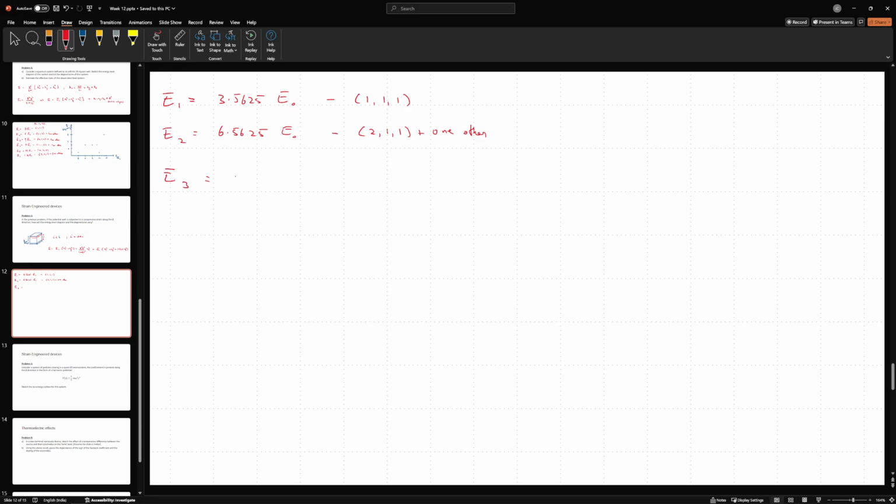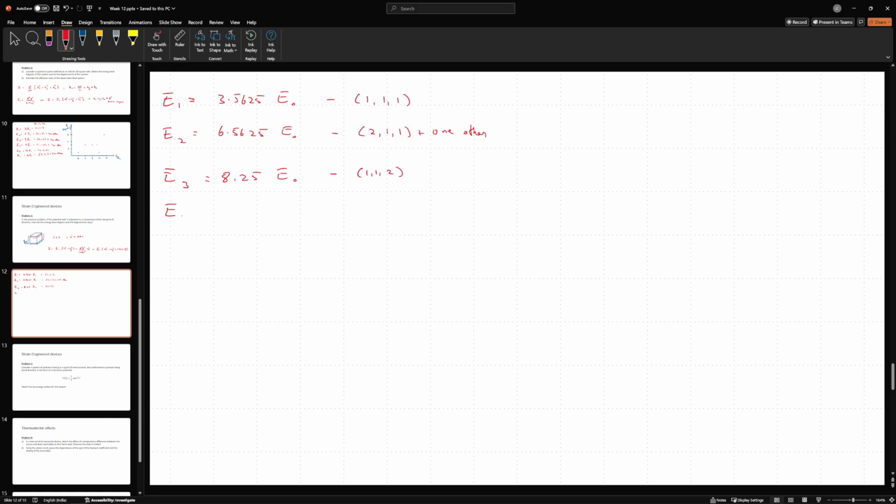So that is 5 plus that. 6.25. Indeed. So then I will have 8.25 E naught, which corresponds to 1, comma 1, comma 2 and nothing else.